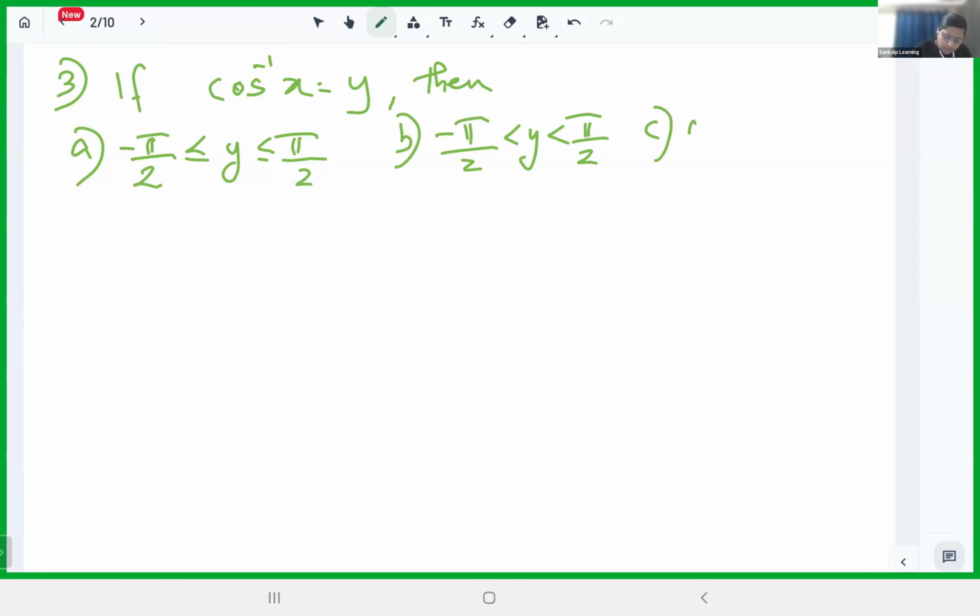Then C is 0 less than or equal to y less than or equal to pi. And then option D is 0 less than y less than pi.